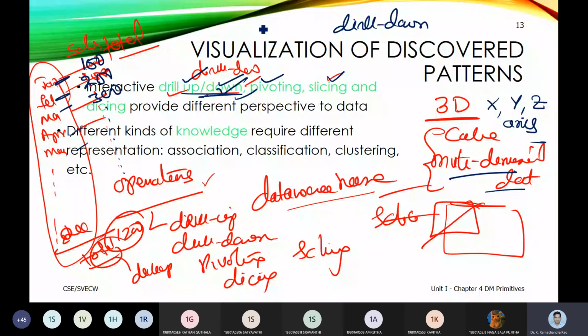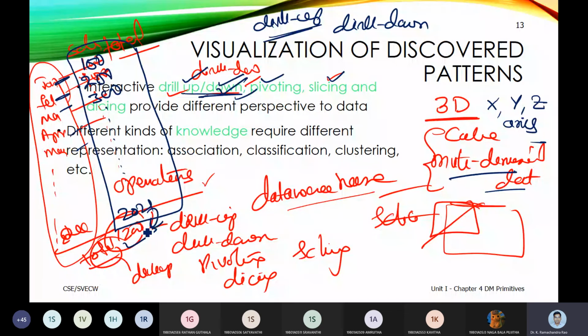Let us say we call it drill up. When we say drill up, we pool all the total sales for the entire year 2021, and we write the total sales as this much amount. We call that drill up.